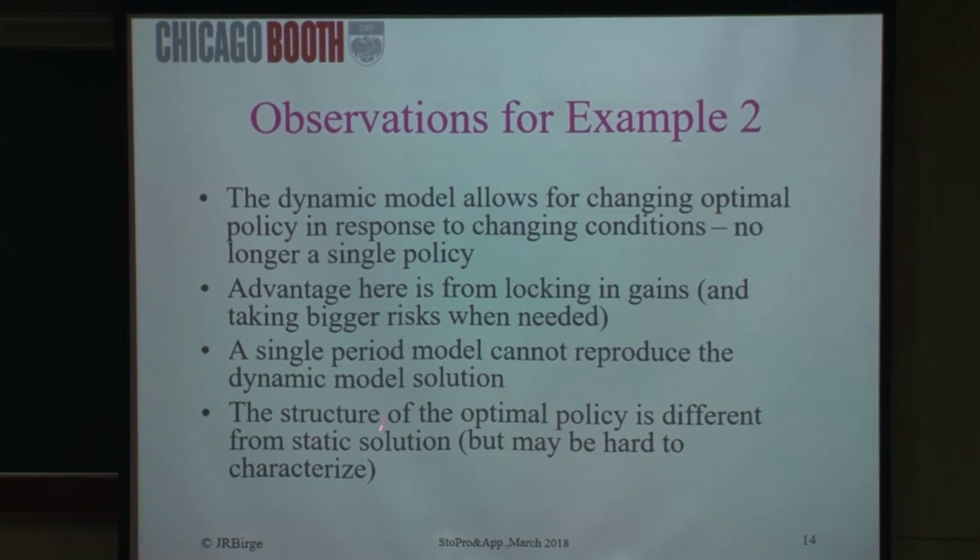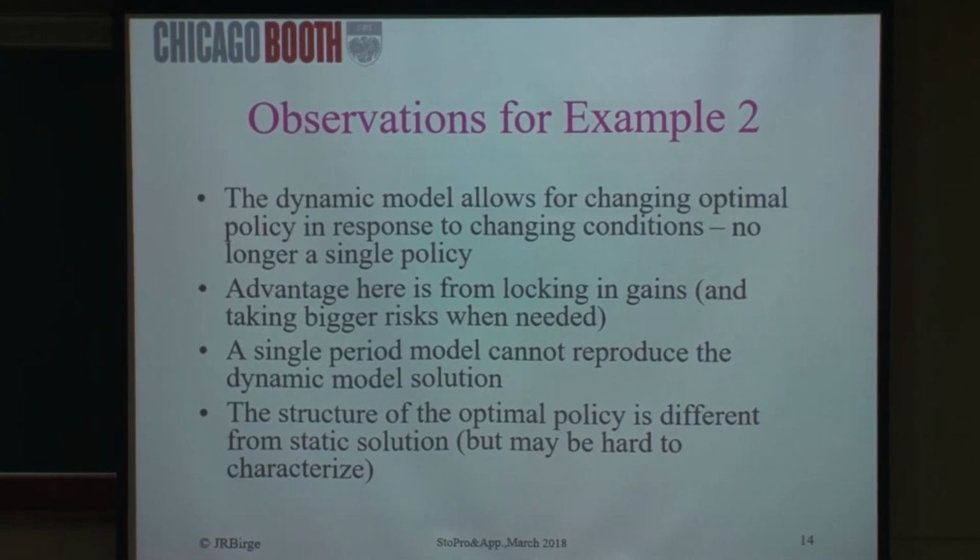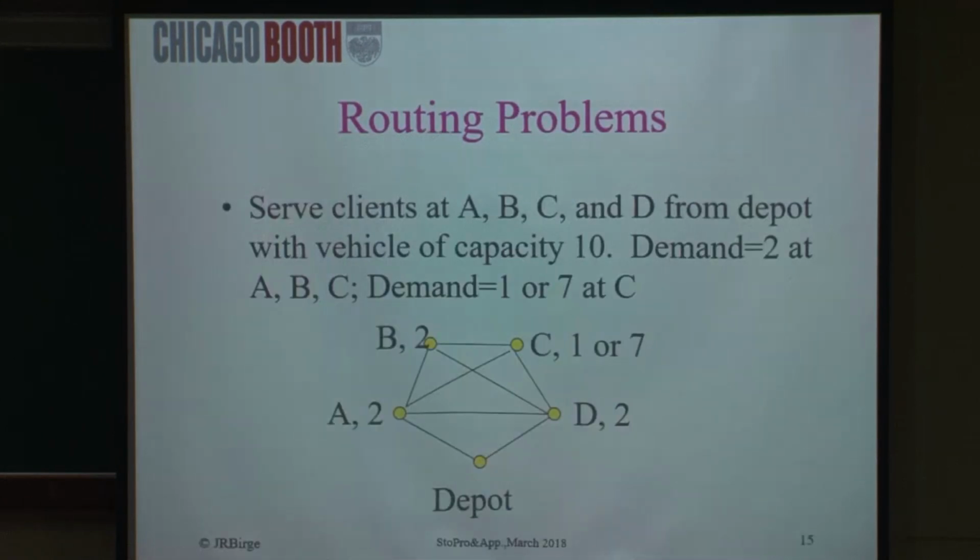And so the structure of the optimal policy solution, that first example, was the nature of the solution and having the two different places in which the tight constraints occur. That can never be reproduced by a deterministic model. The locking in gains or adapting can never be reproduced by a static model that just looks at a single period at a time. Okay.